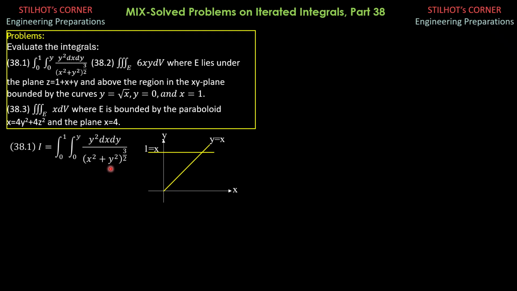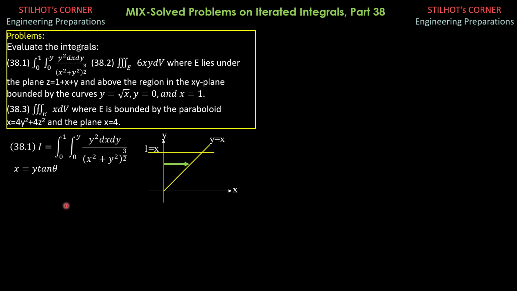Y is constant, y tangent of theta. Our last variable is y, so limits would be 0 to 1, and for x 0 to y, so that's why we have 0 to y there.